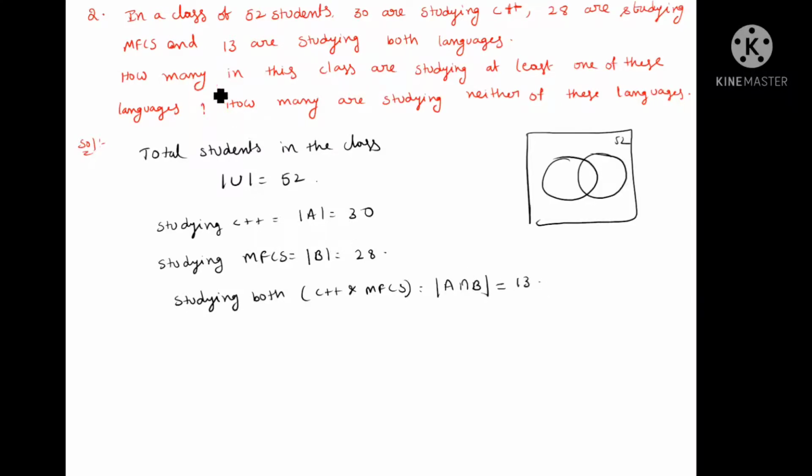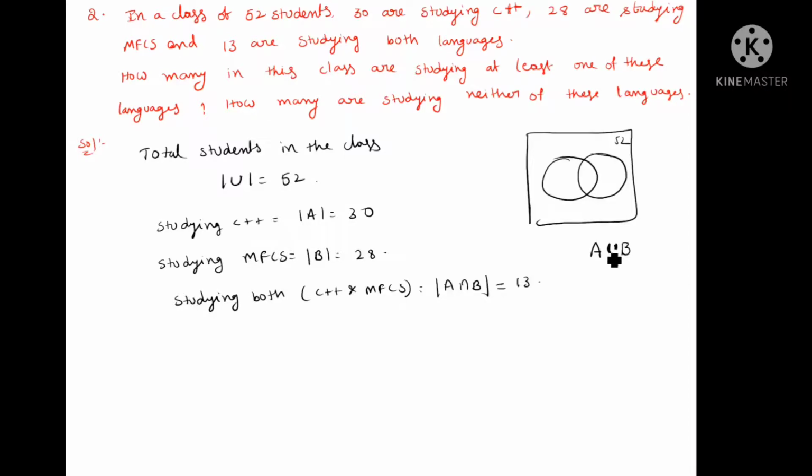What the question is asking: how many in the class are studying at least one of these? At least one means studying C++ or MFCS or both.